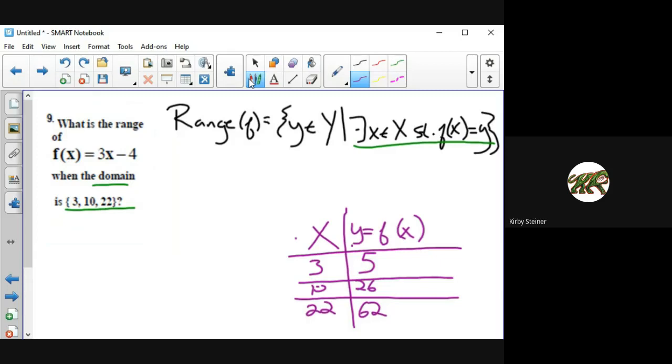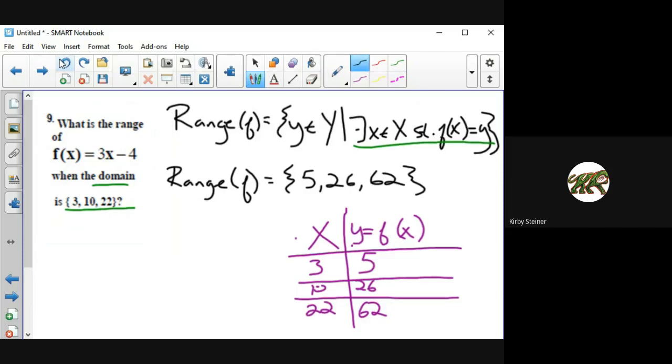So now we can write in our answer. Range of f is equal to the set 5, 26, and 62.